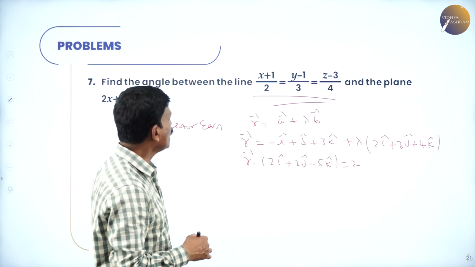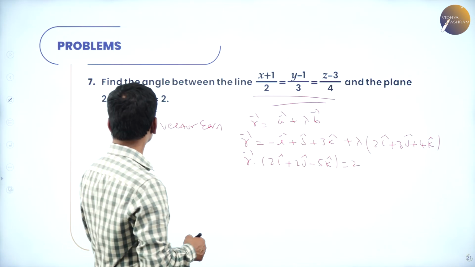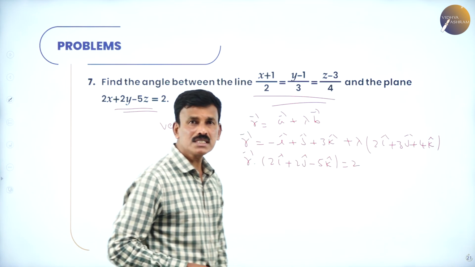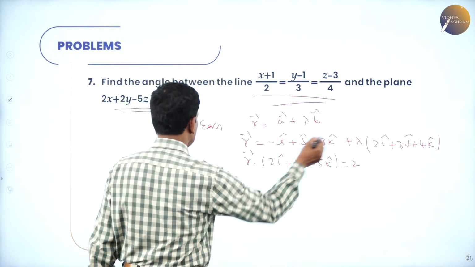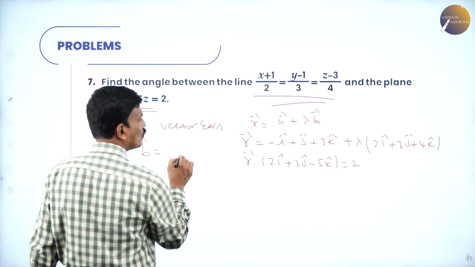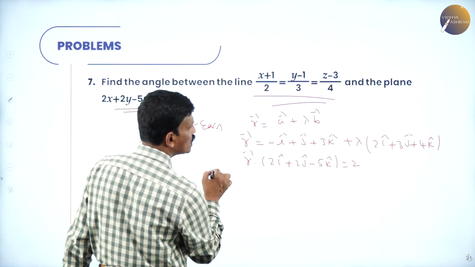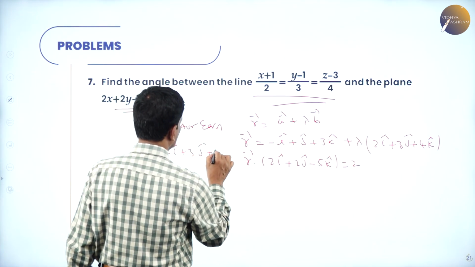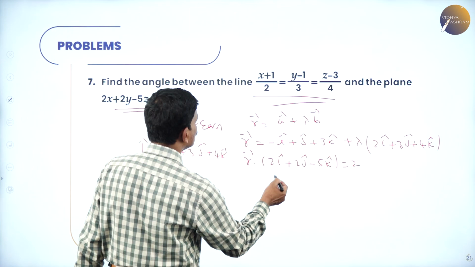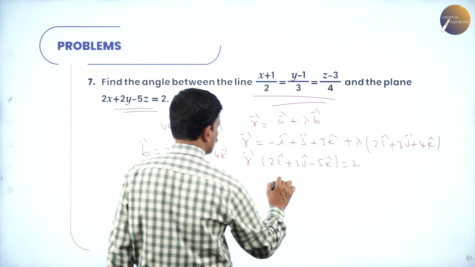Now find the angle between this plane and the line. Now what is the value of b here? So find out b. Vector b is equal to 2i plus 3j plus 4k, and vector n, what is n? This is r dot n is equal to d.